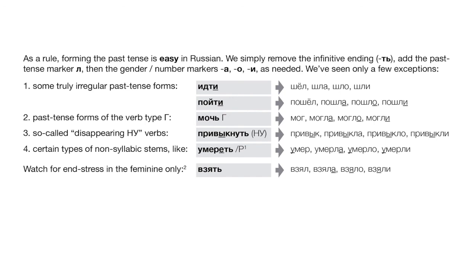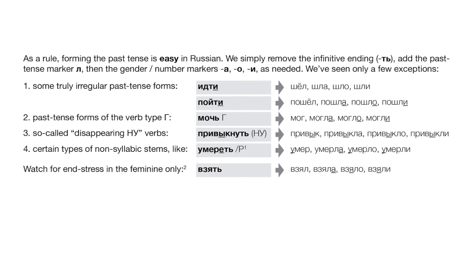Okay, the final little tricky thing that can happen is that even if the forms are spelled normally, that is, if the past tense is formed regularly, right? We take the infinitive, we drop the soft T, that is the infinitive ending. We add L for our masculine, then we add A or O for the other forms.